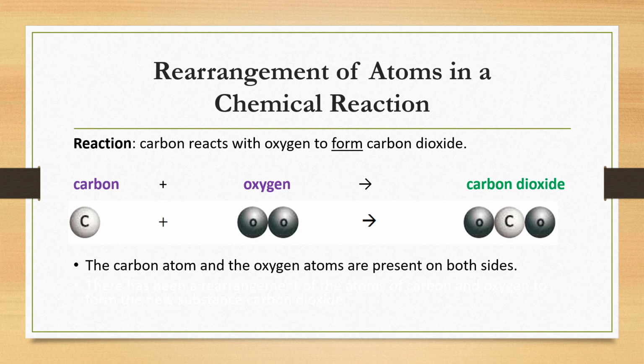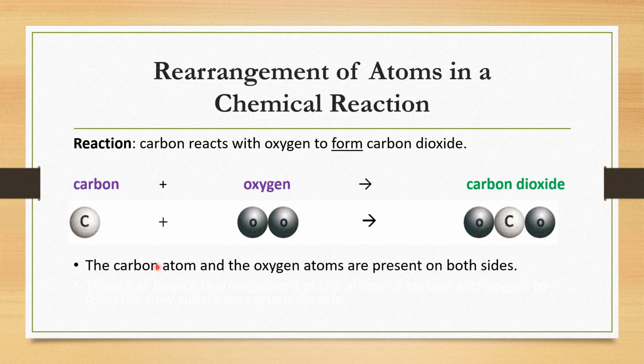You will notice that there is one carbon atom on the reactant side and one carbon atom on the product side. Similarly, there are two oxygen atoms on the reactant side and two oxygen atoms on the product side.